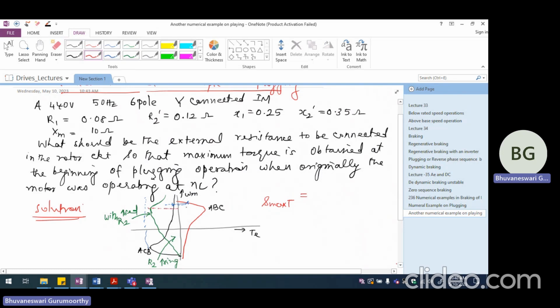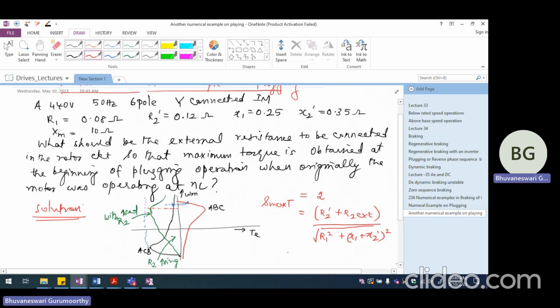So this should be equal to R2 dash plus R2 external, whatever is the external resistance that I want to include, divided by the square root of R1 square plus X1 plus X2 dash the whole square. So this has to be our S max T.